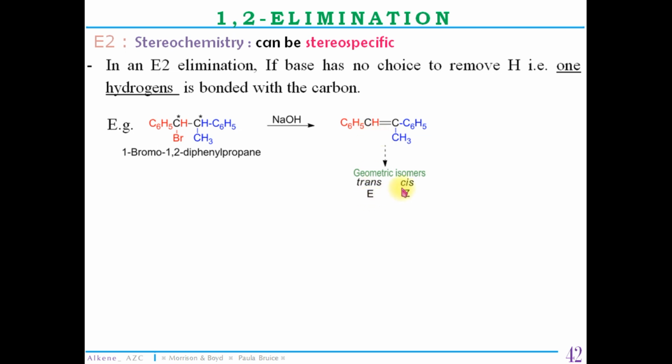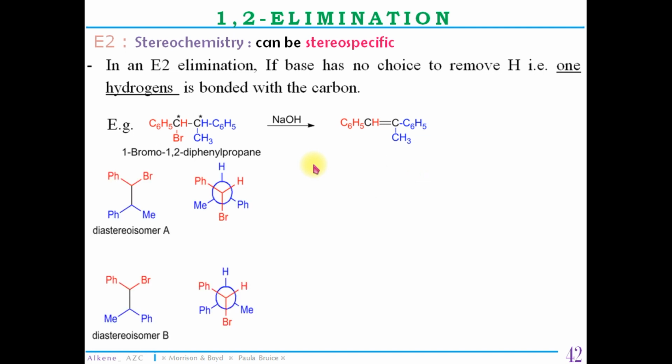But is it trans or cis or both? For this, again we have to see the conformation of the reactant. As the reactant has two chiral centers, four types of stereoisomers are possible.